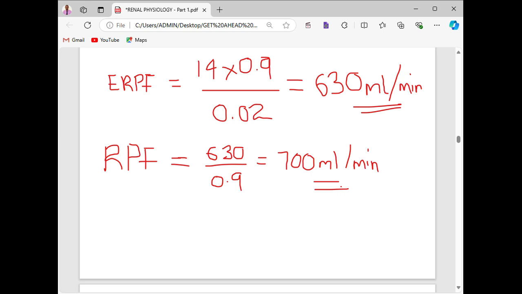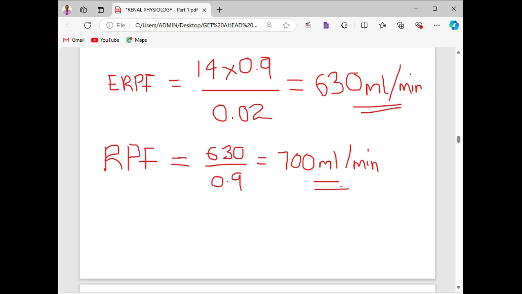Now, from the renal plasma flow, the renal blood flow can be calculated by dividing by 1 minus the hematocrit. Normal hematocrit for a normal human being is 0.45.